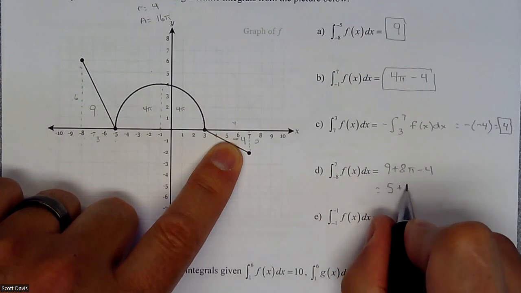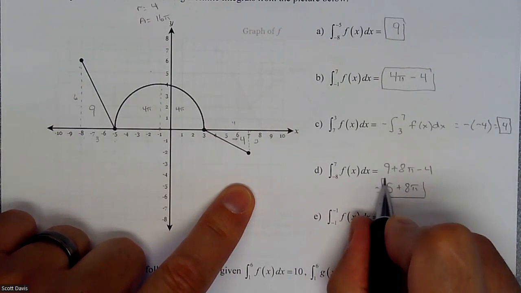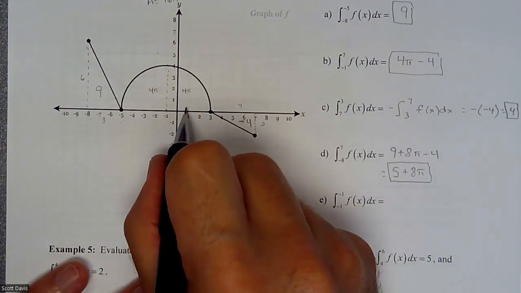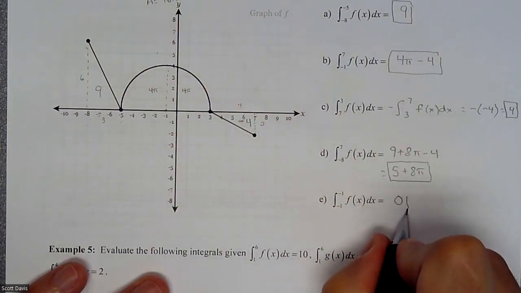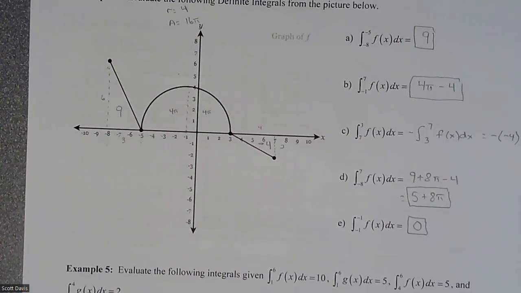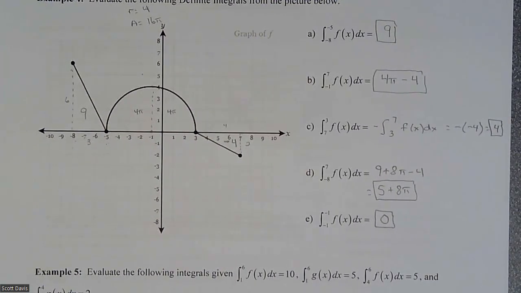So 5 plus 8 pi is the area under the whole thing. And the last one, if we go from -1 to -1, we wouldn't have any area at all, so that answer is going to be 0. All right, so that was a couple different properties, breaking some things up, manipulating it, and trying to find out where all our areas under the curves are.